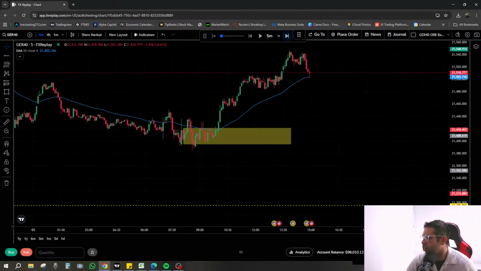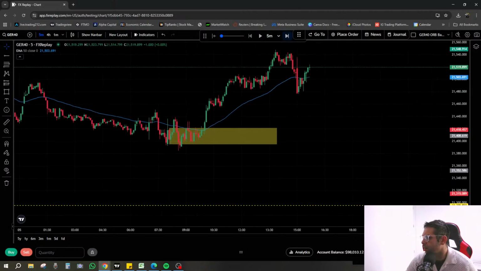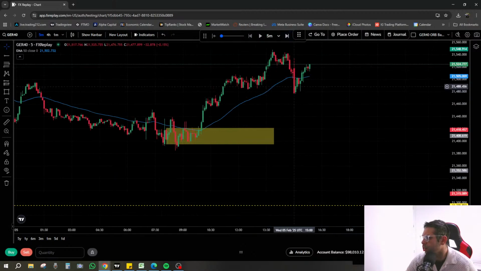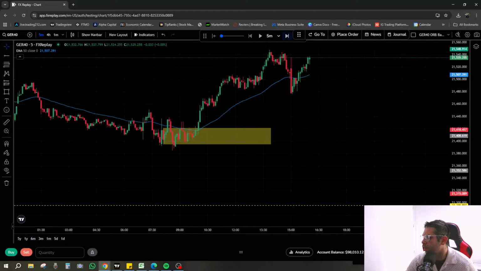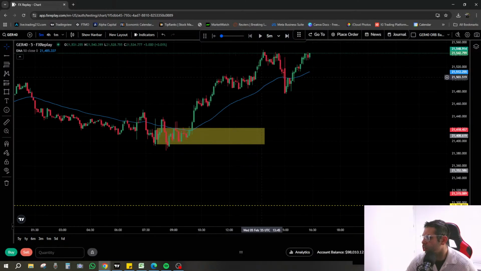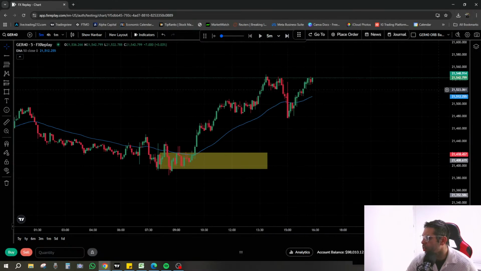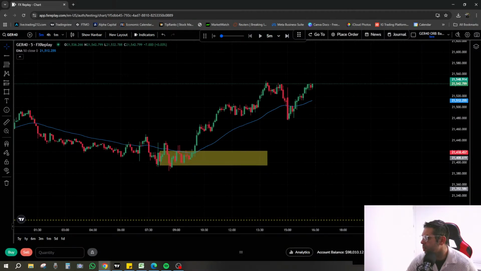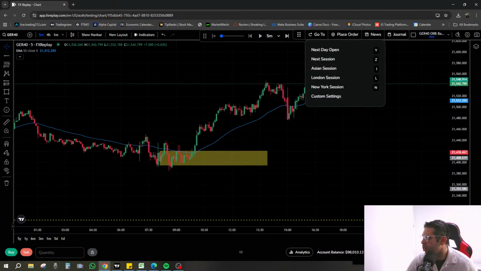That's it. And then we have some news at 3 o'clock, and it retraces a bit, but overall it was the breakouts, just that the range was very, very narrow. Let's go to the next day.